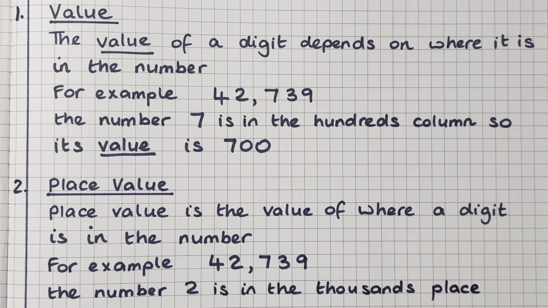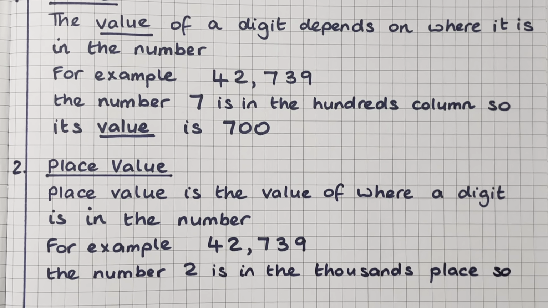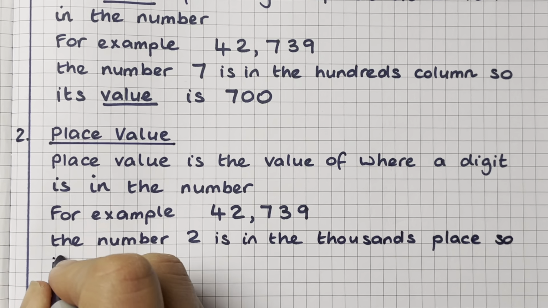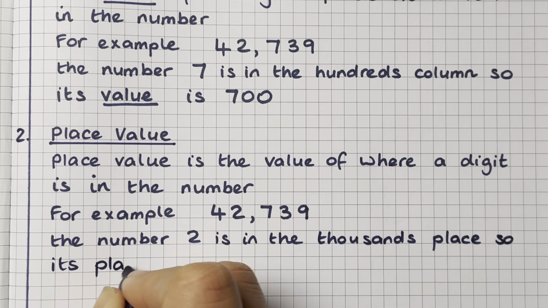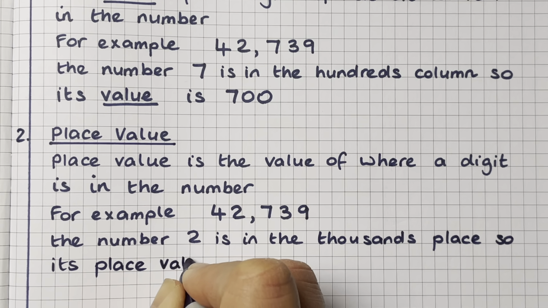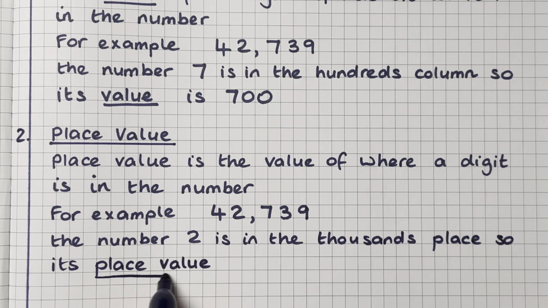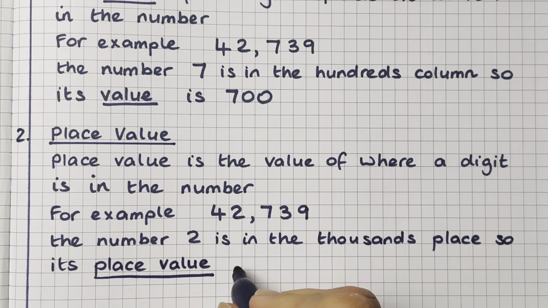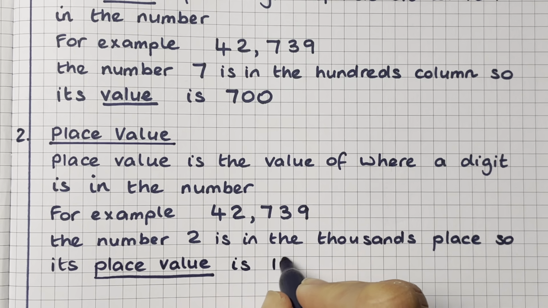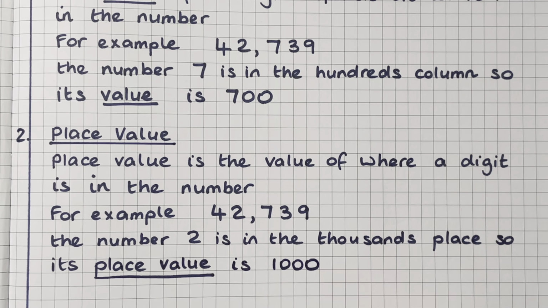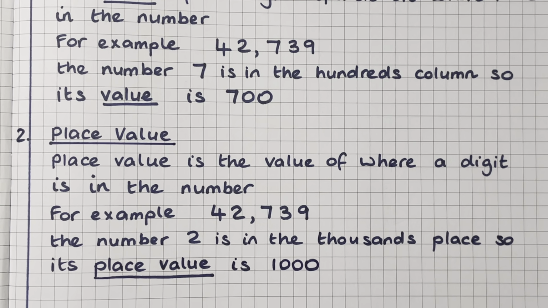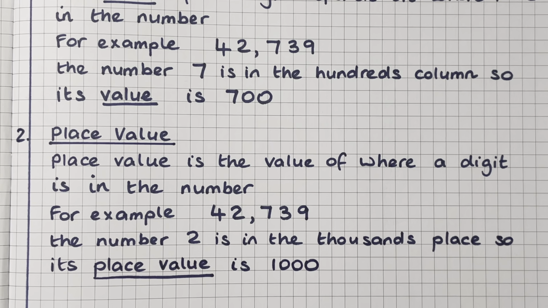The number 2 is in the thousands place, so its place value is thousands.